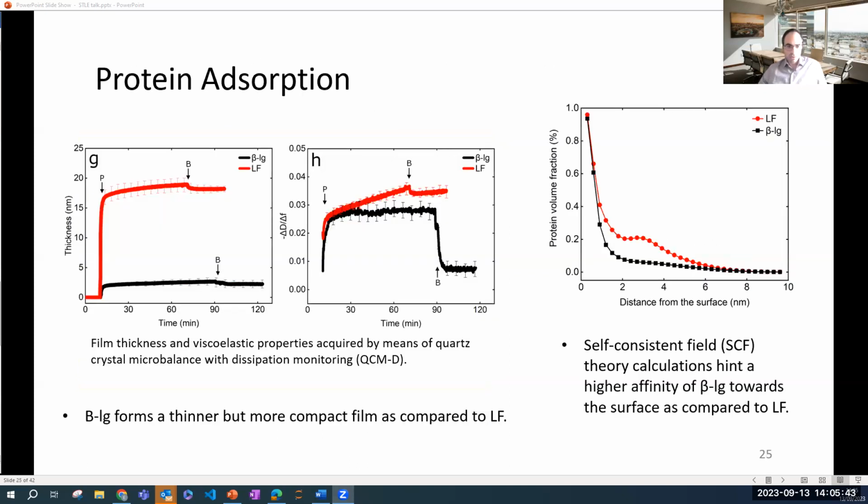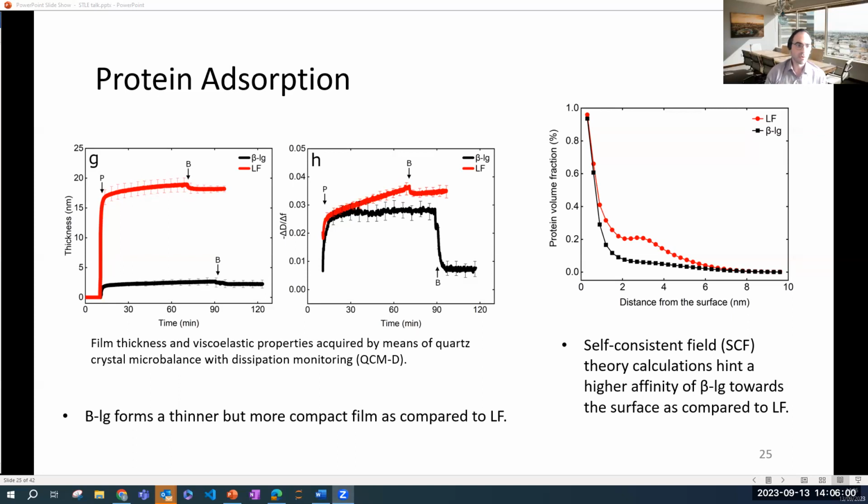We also use QCMD to check the properties of the films. We found that BLG forms a thin film, which is more rigid as compared to lactoferrin.